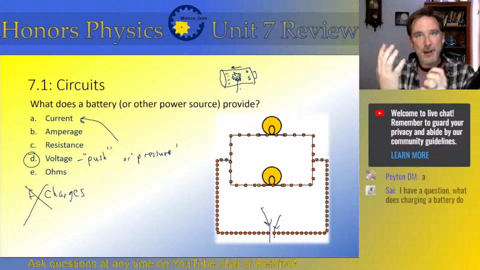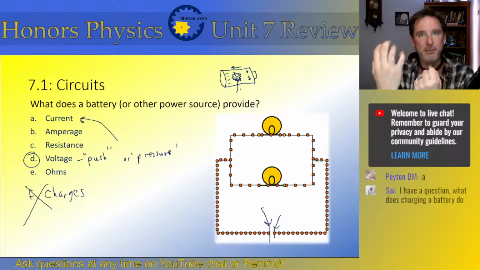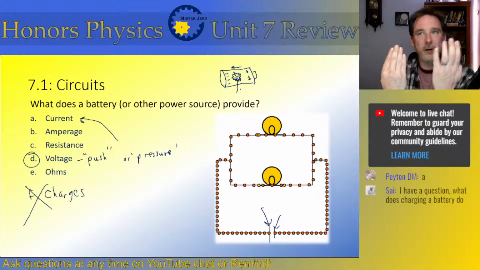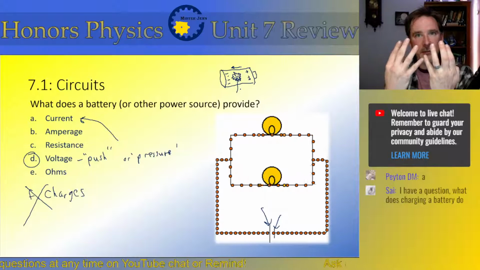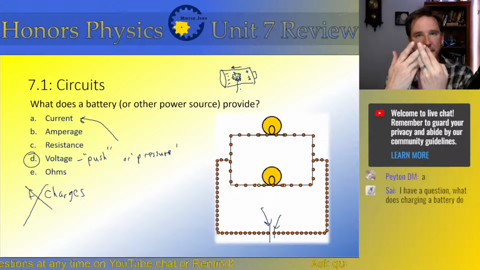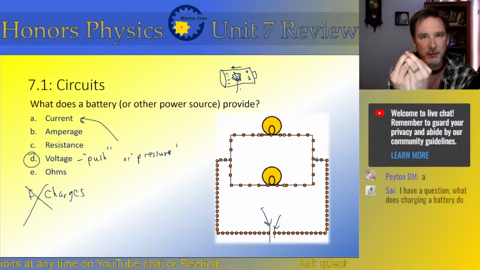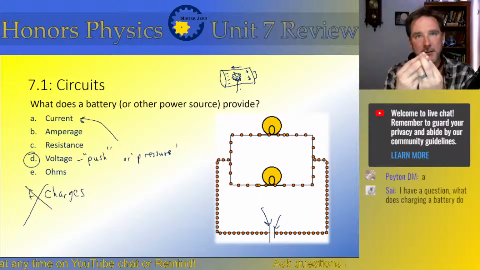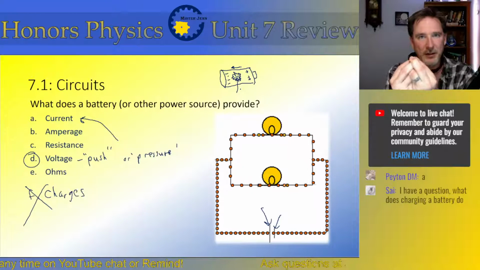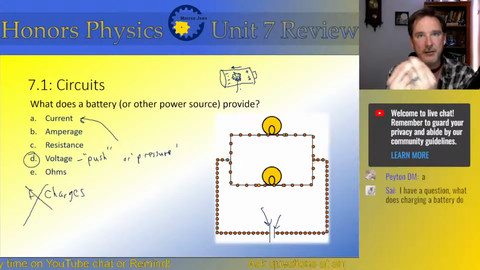When you buy it from the store, it is basically part of one chemical, part of another chemical. As you use the battery, those chemicals slowly start to come together and mix and create the chemical reaction that pushes the electrons to one side. I'm repeating myself, but in a non-rechargeable battery, that's a one-way street.